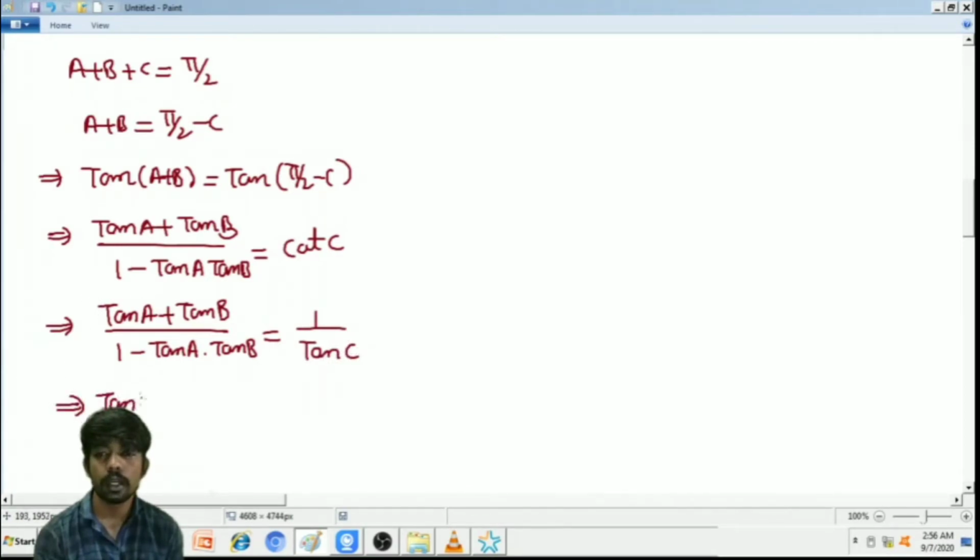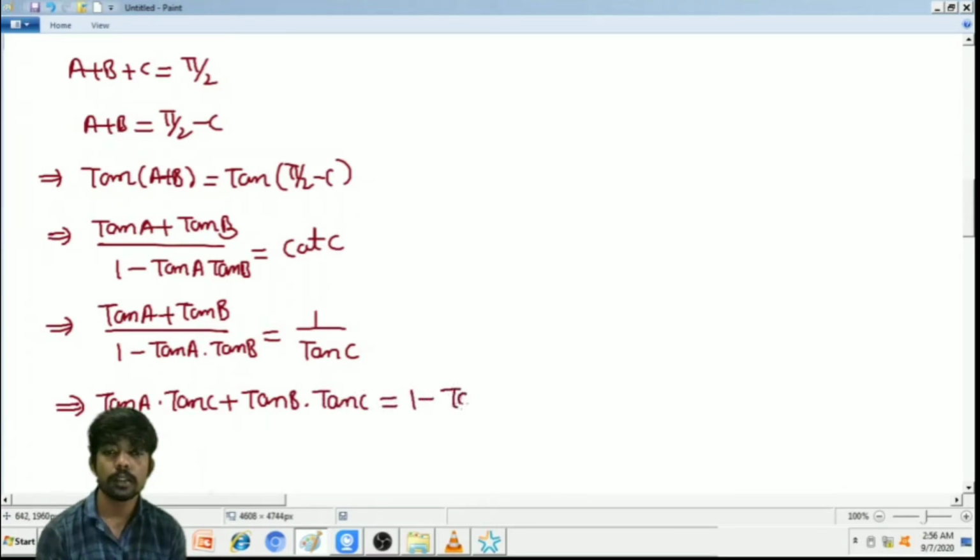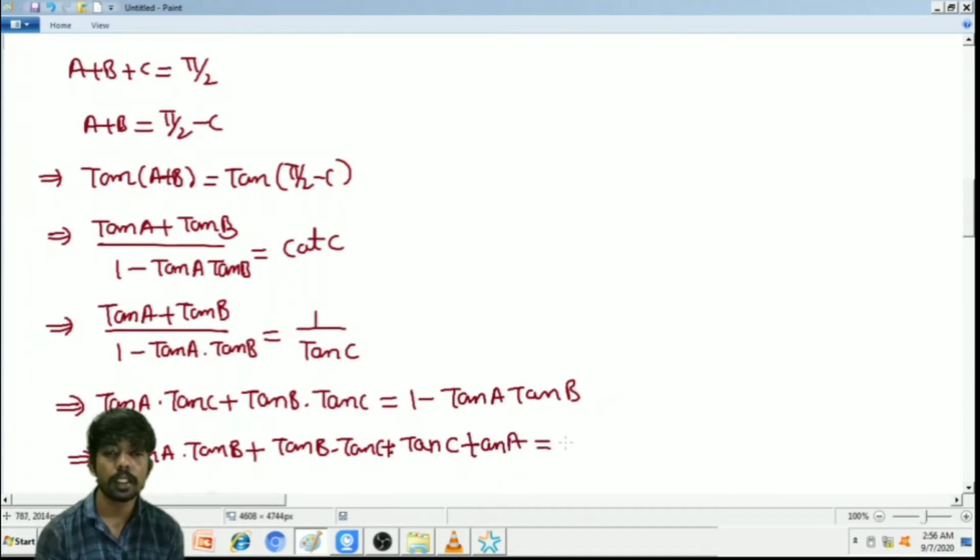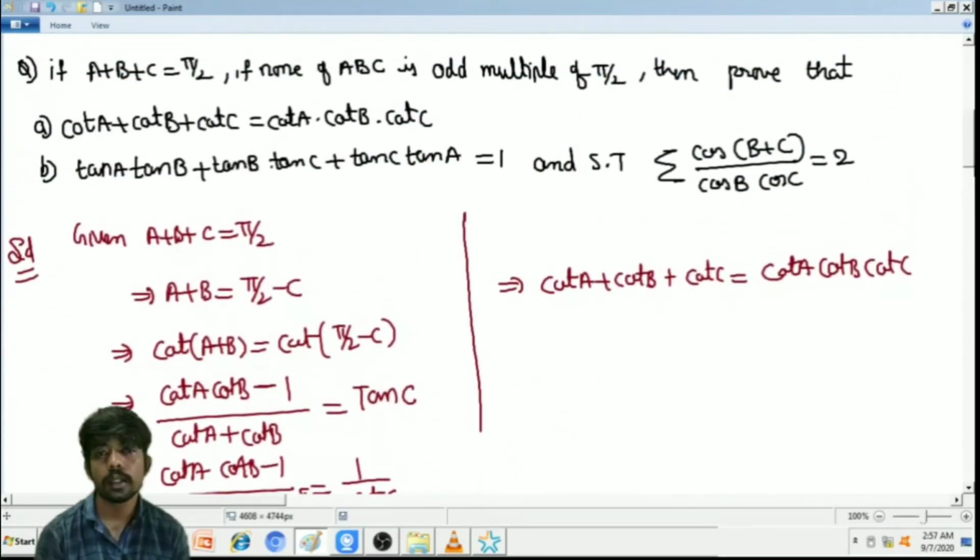So tan A tan C + tan B tan C is equal to 1 − tan A tan B. Bring the tan A tan B to the left-hand side, so you get tan A tan B + tan B tan C + tan C tan A is equal to 1. That's all. This is the solution we need to prove, and that is the second one we just now proved.